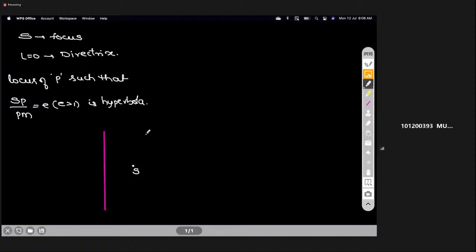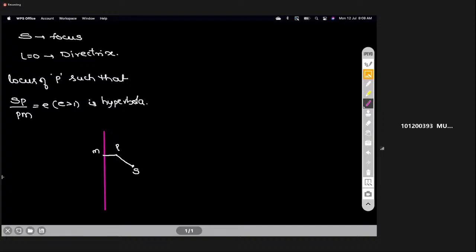So the locus of point P, which is closer to the directrix than the focus. So you take P, this is PM, this is SP.